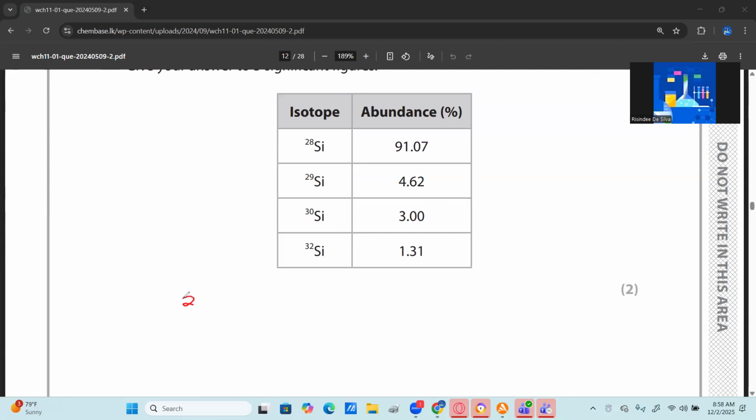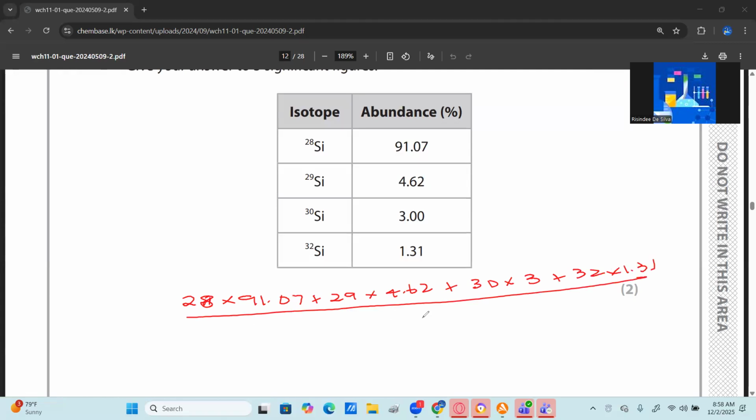So we can multiply the relative abundance by their isotopic mass: 28 into 91.07, 29 into 4.62 plus 30 into 3 plus 32 into 1.31. Everything should be divided by 100 because it is given as a percentage.